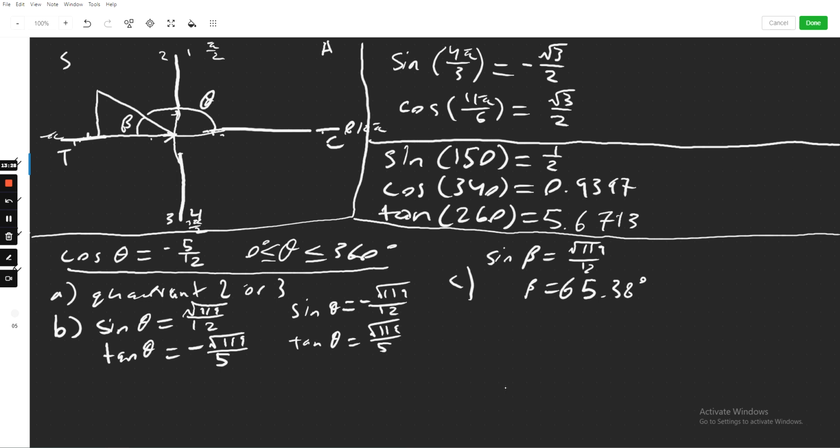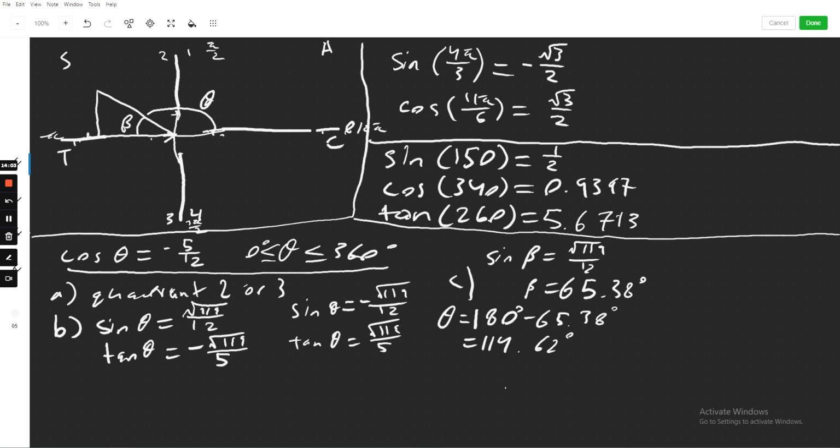In order to find theta, we can just subtract 180 minus 65.38. So 180 minus 65.38 is equal to theta, which equals about 114.62 degrees.